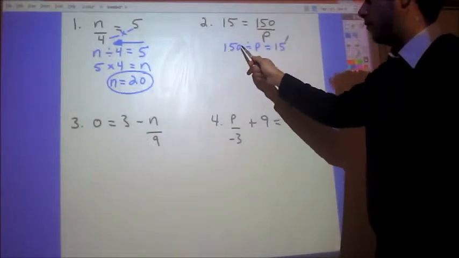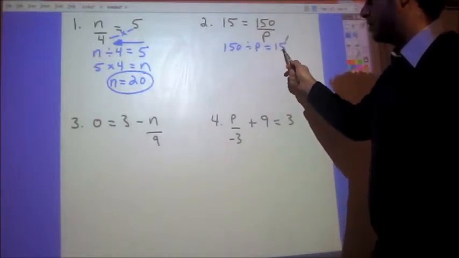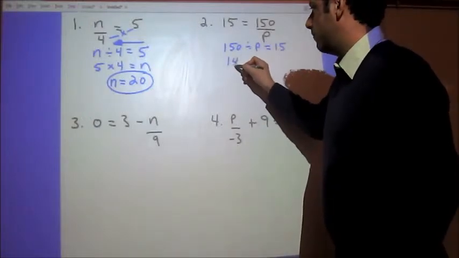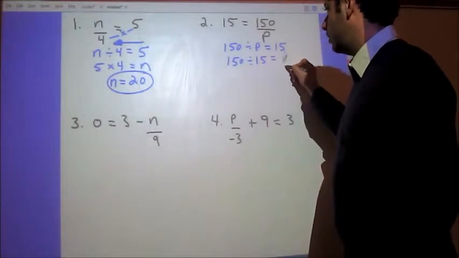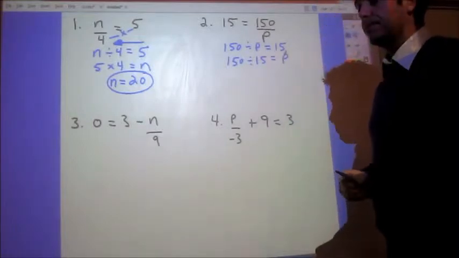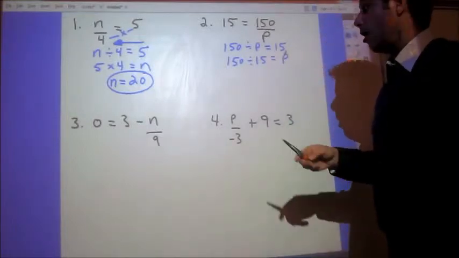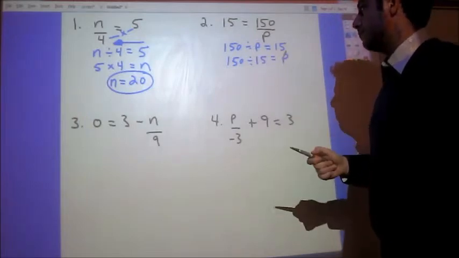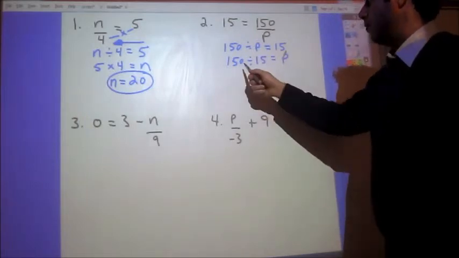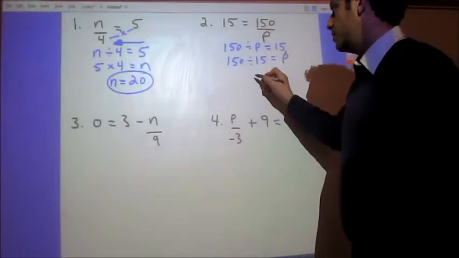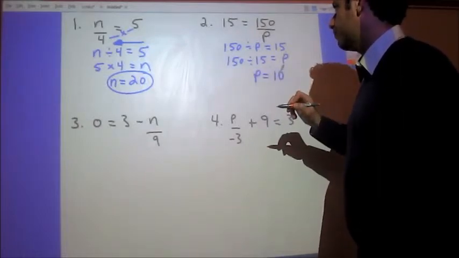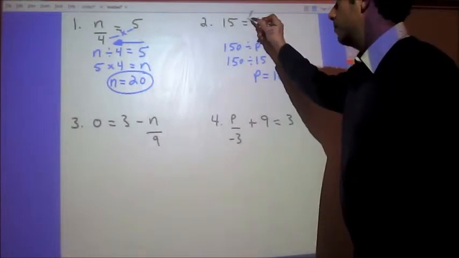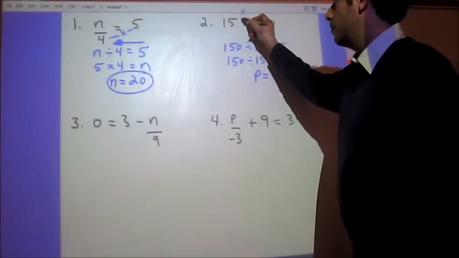So if we know that 150 divided by p is equal to 15, we also know that 150 divided by 15 will equal p. So we're just doing the opposite with these two numbers. Okay, so 150 divided by 15 would be 10. So p is equal to 10. We would simply divide this number by this number.